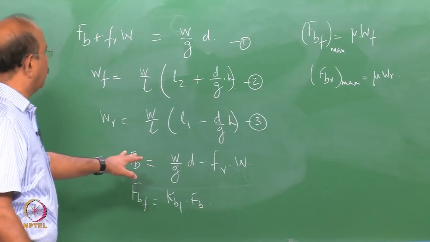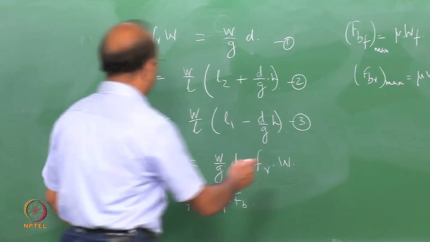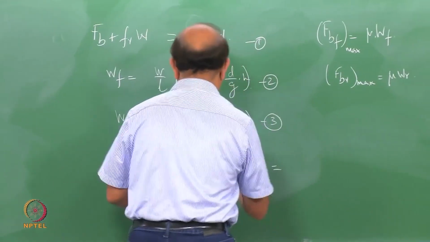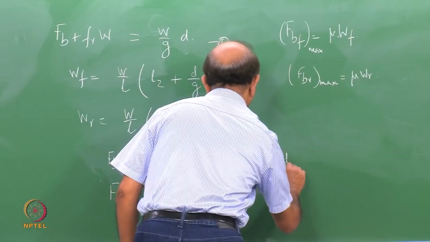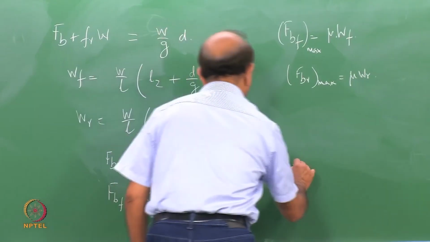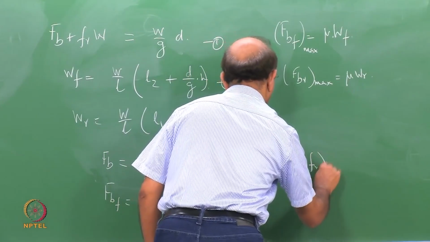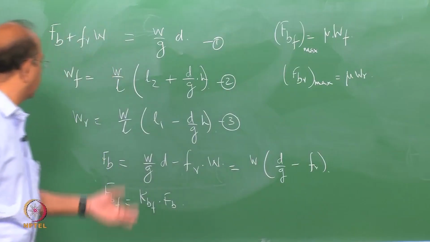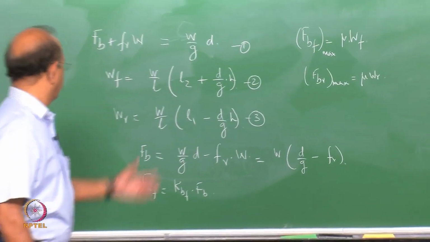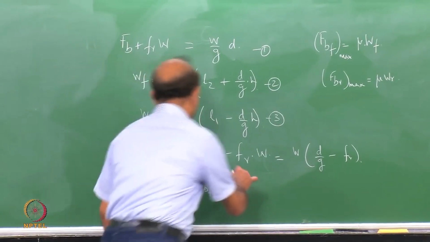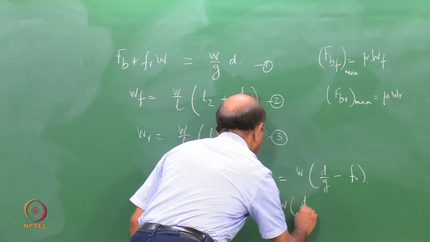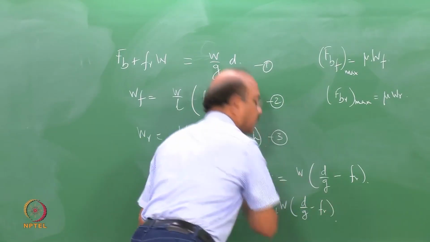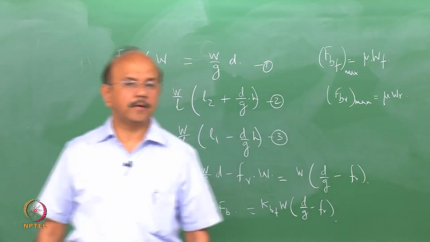So now let me call this 4, and rewrite it a bit: W divided by d by g minus Fr is that, and so this would be KBF W d by g minus Fr, right?